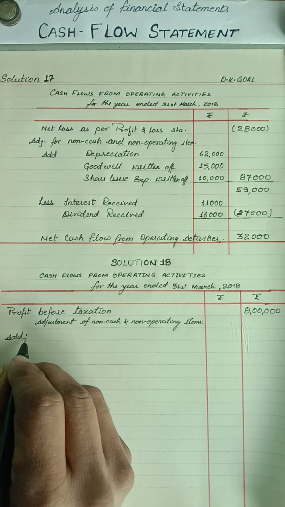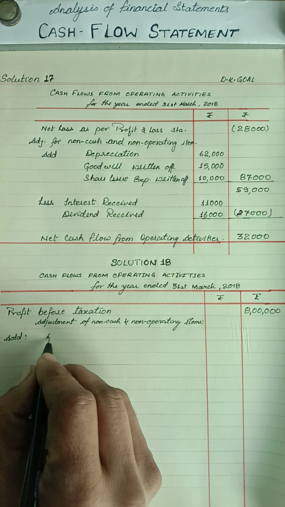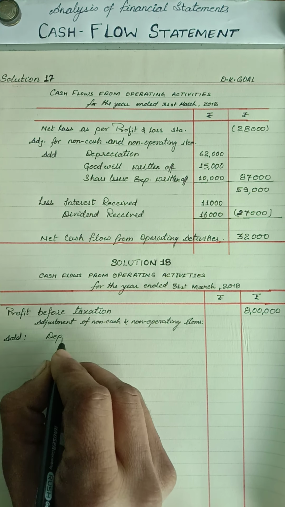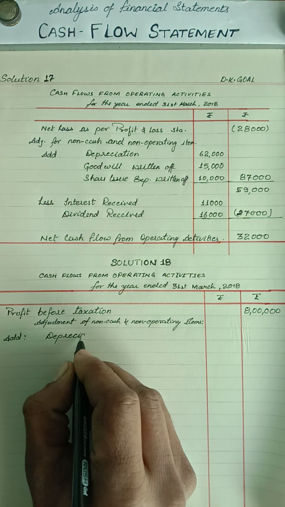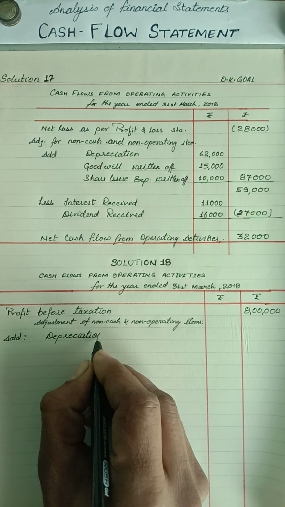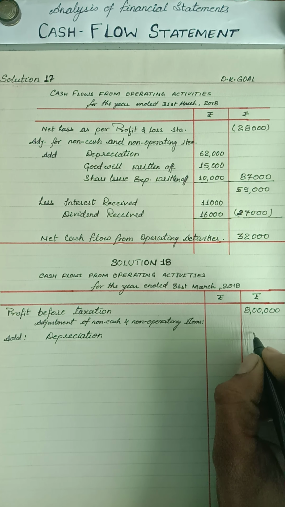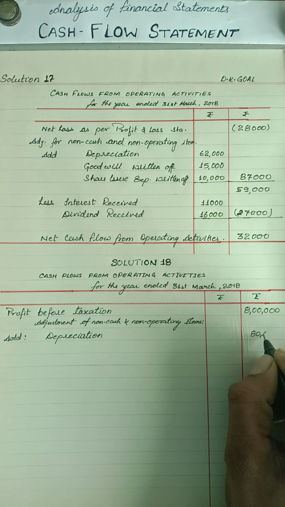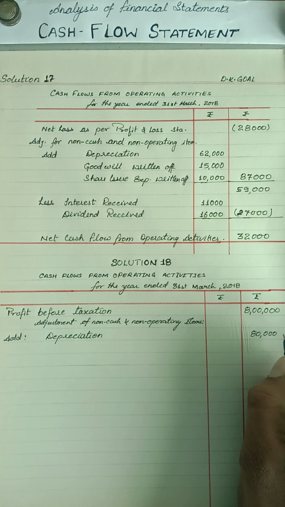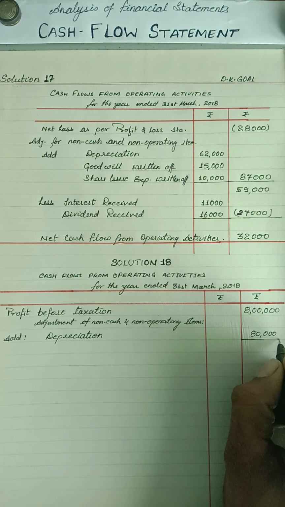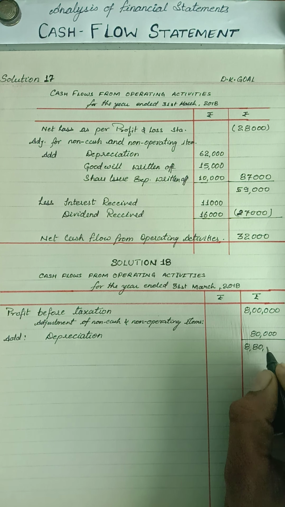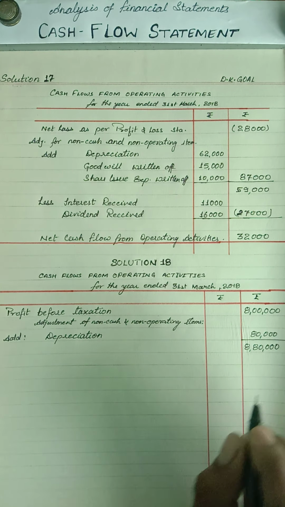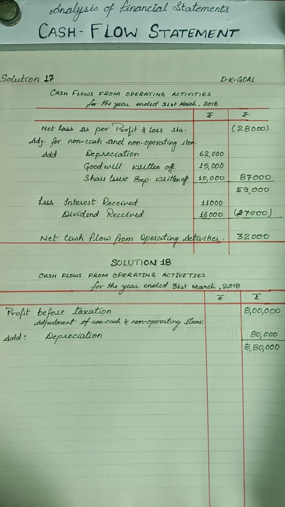The first addition we will have here is depreciation, 80,000, which I am going to add. So now our new figure is 8 lakhs and 80,000. You can see this 8 lakh 80,000 is our operating profit before working capital changes.